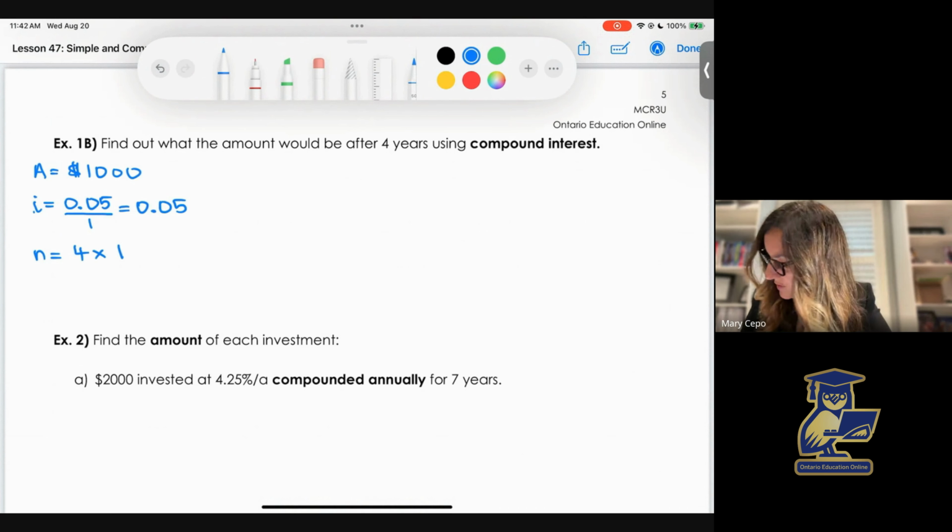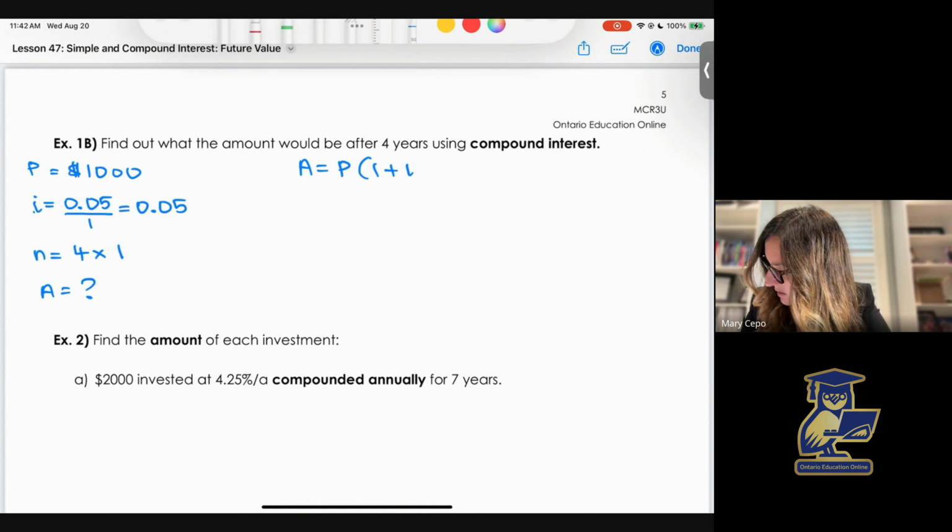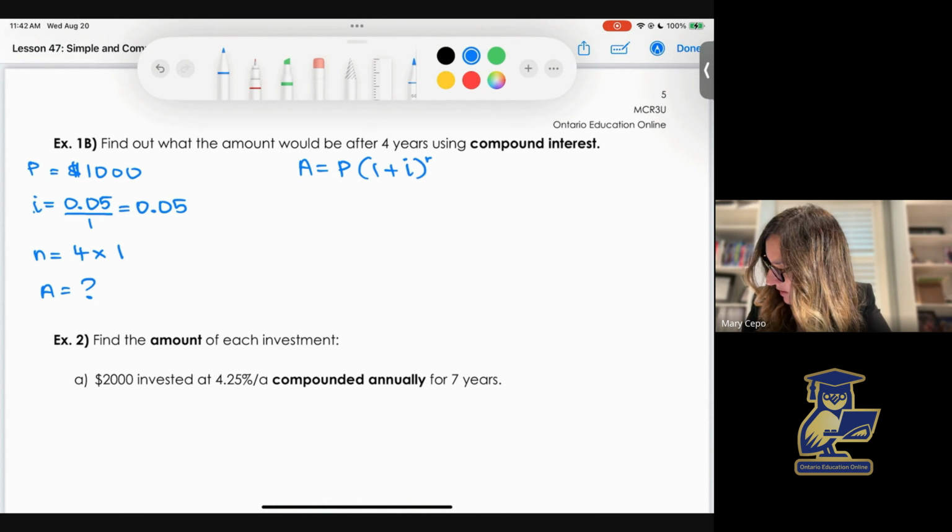Okay, so then we use the new formula and we want to know the principal. By accident I said A, I meant to say P for principal. We don't know the amount, and that's what we're trying to figure out. So using the compound interest formula, amount is equal to principal times (1 plus i) all to the exponent of n.